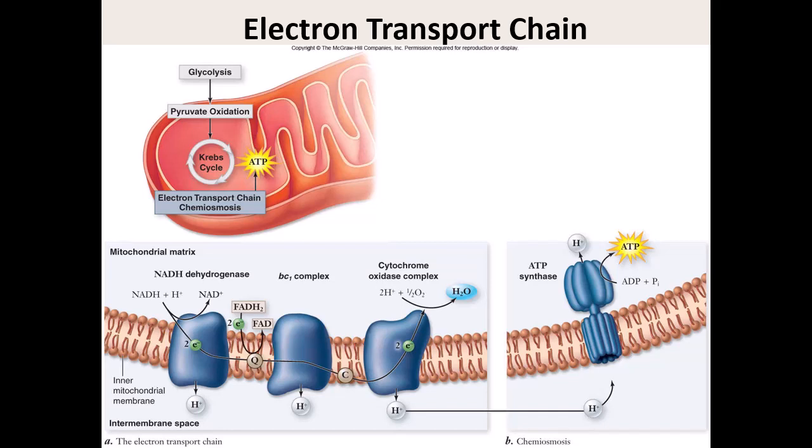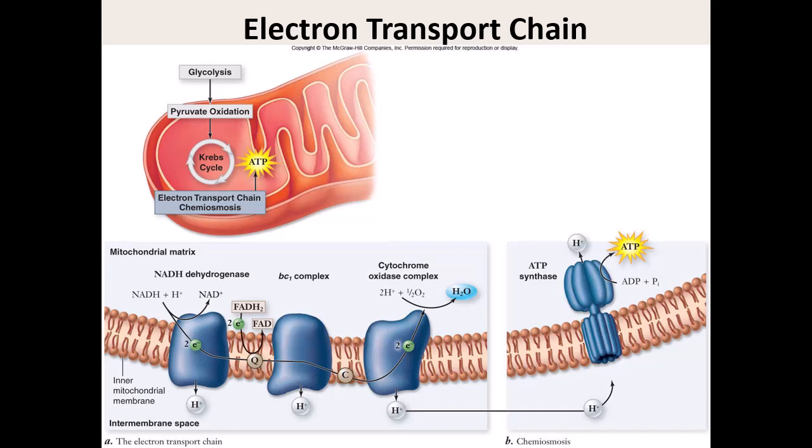The idea is those FADH2s and NADHs carry electrons, but they also carry a hydrogen with them, which is why they always end in NADH or FADH2. So they carry the energy of the electrons, but they also carry those extra hydrogen ions.